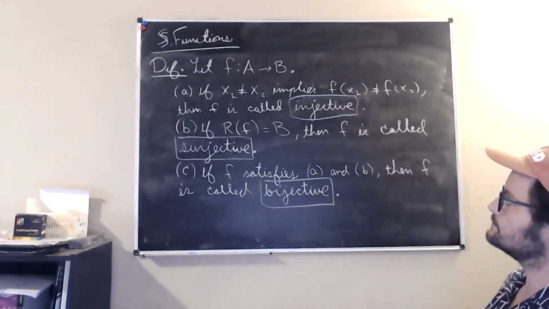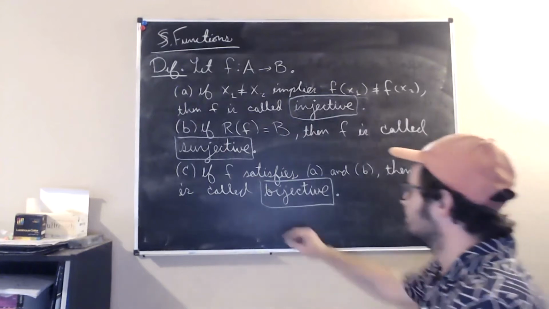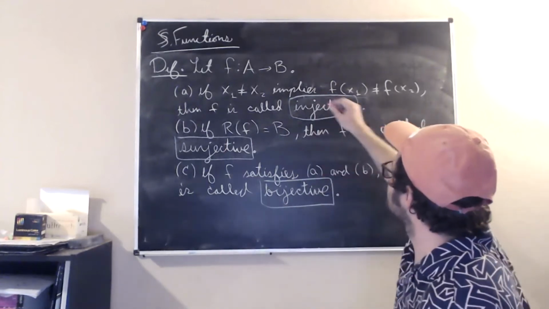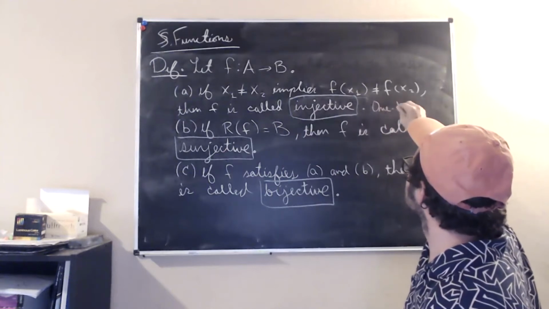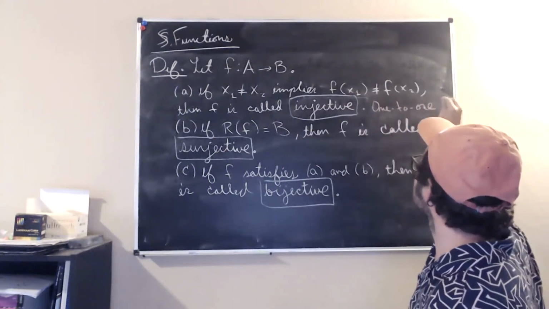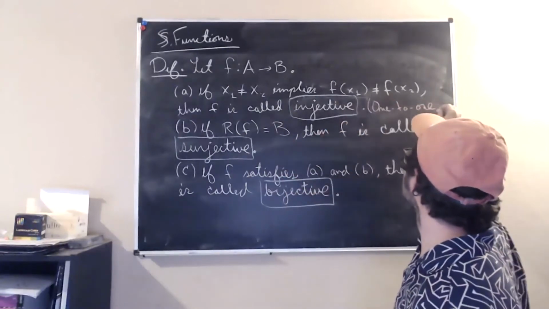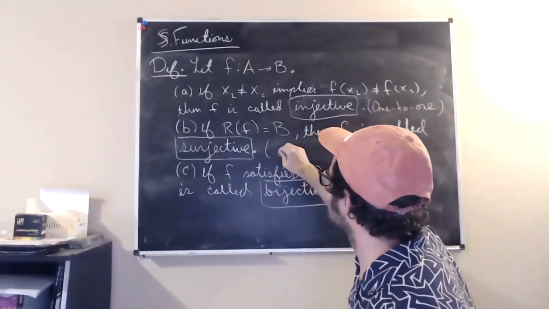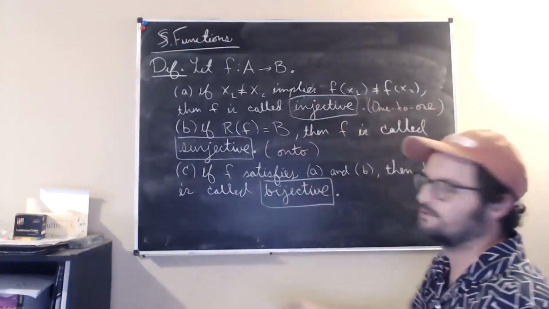Okay. Now, all of you are familiar with these definitions. Another way to think of injective is one to one. Surjective is the same thing as saying onto. And bijective is one to one and onto.